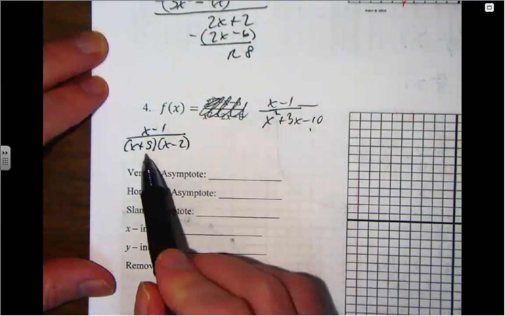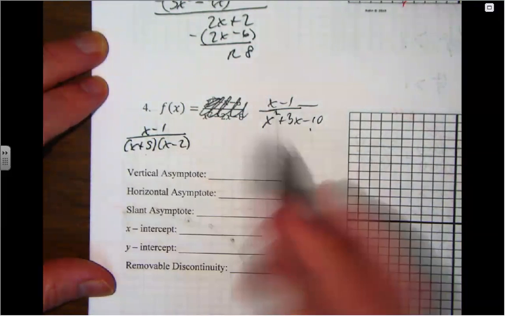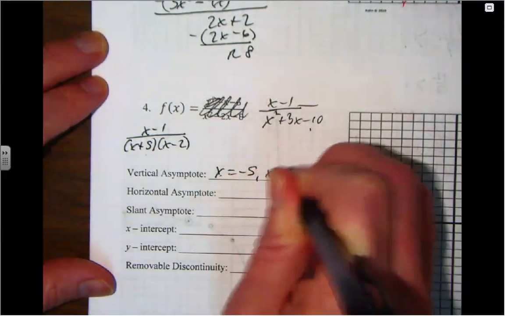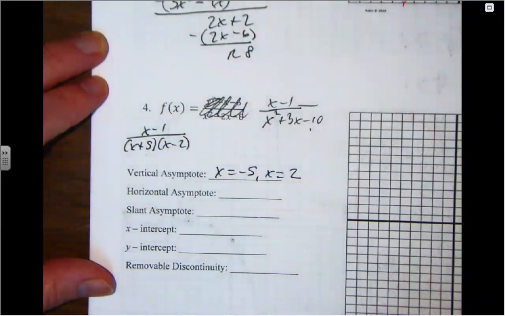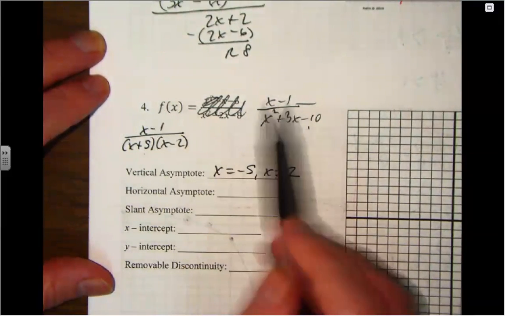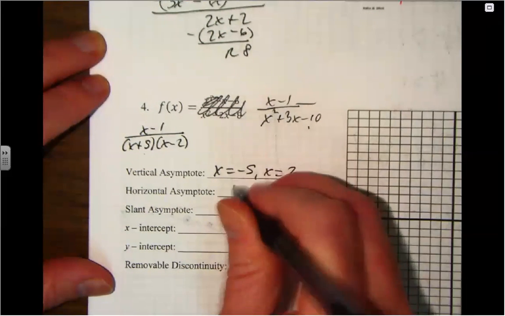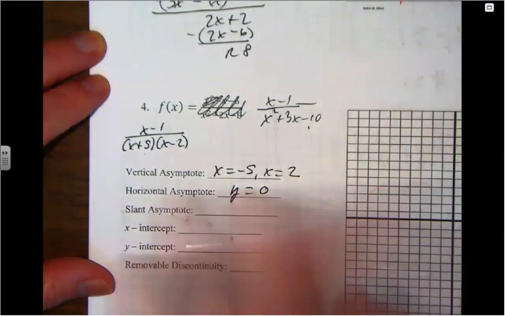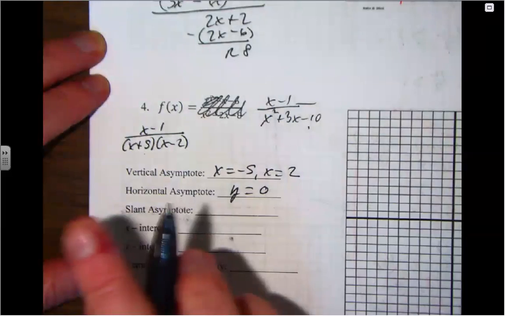Vertical asymptote, there are 2 of them, -5 and +2. This is a bottom heavy case. X on top, x squared on the bottom. So it is automatically y equals 0. Nothing to even think about. If it's bottom heavy, y equals 0 all the time.